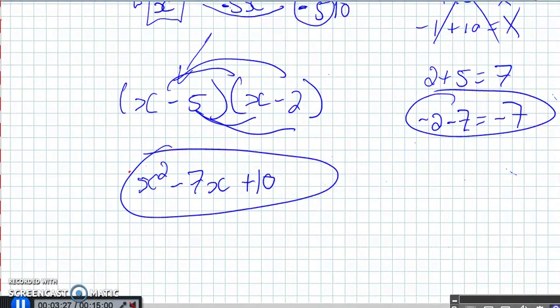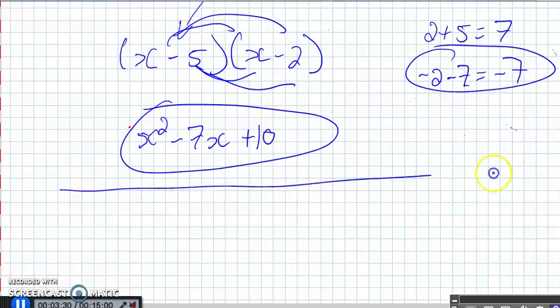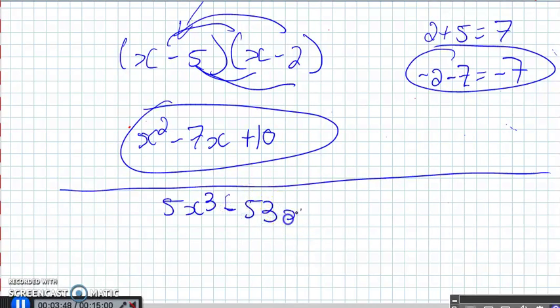I'll do a second example just to make it clear to you guys how to do this. I'll go with a more complicated one. So I go with 5x cubed minus 53x squared minus 72x.